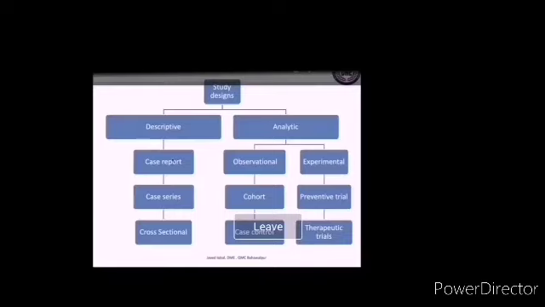So when we do research in such a way that we try to find out something just at one spot, this is called a cross-sectional study. Now, why do we do it this way? Because sometimes our research question demands it.